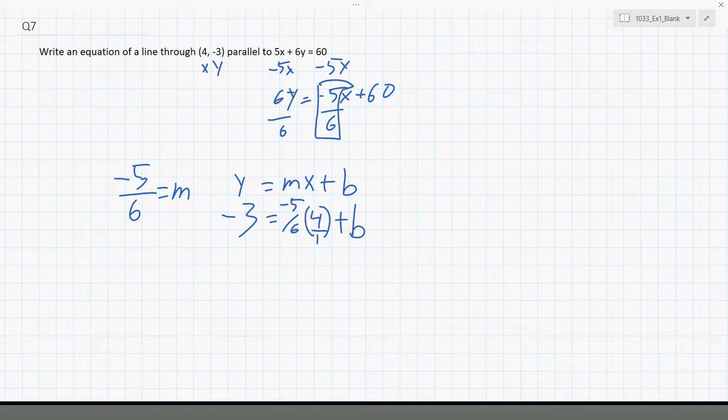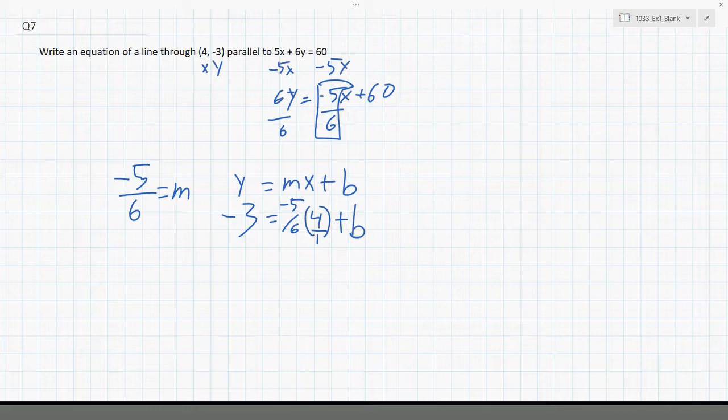Calculators. Negative 10 over 3. Is that right?